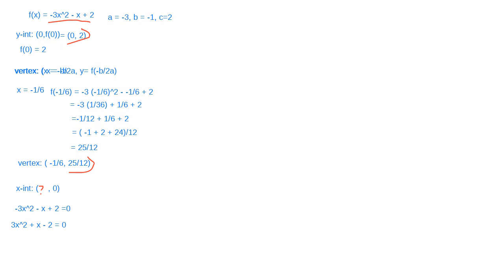Now maybe we can try to factor this. So we can try to factor 3x minus 1 times x plus 2. So 3x minus 2, x plus 1. Let's see if this works.